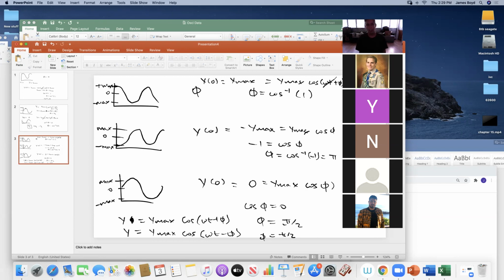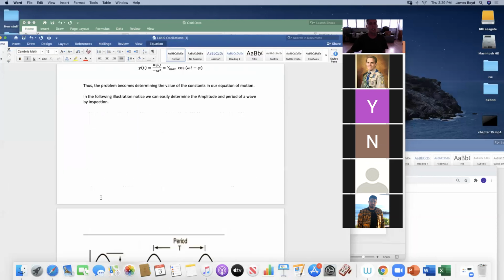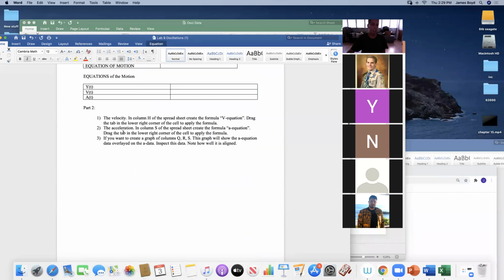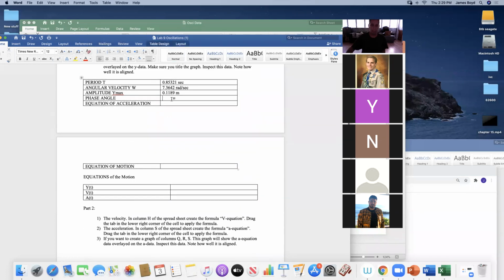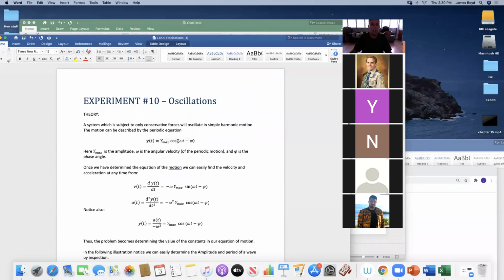But we've now figured out what phi is, because when we look at our data, we know that our period starts at a maximum value. Therefore, if it starts at a maximum value, phi is 0, and we can write that in here. Our phase angle is 0. Once we do that, we have the equation of the motion and the equation of the acceleration. Now the equation of our motion, remember, is y max cos omega t minus phi, but phi is 0.